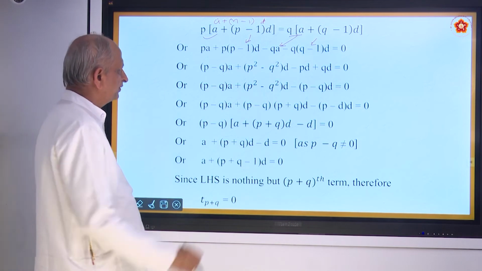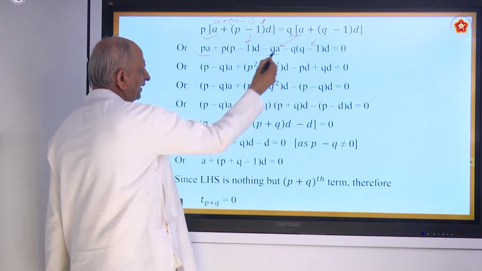Now you must make groups, one is Pa and Qa.